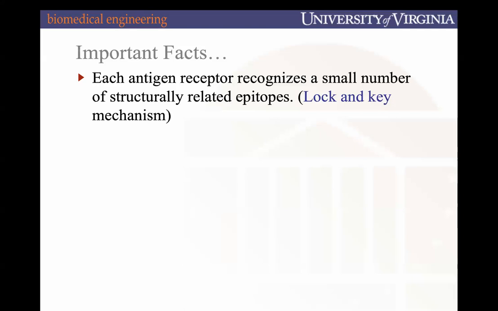That's largely because we talked about how MHC class 1 can bind 8 to 10 amino acids. With one change in amino acid, it can still bind, but the affinity or the likelihood of that binding might go down. So it can still bind, but it might not bind as well. You can also think of this as a lock and key mechanism, where whenever a key has been slightly altered, it doesn't go in as well, but it can still sometimes work depending on the degree of change that happens.